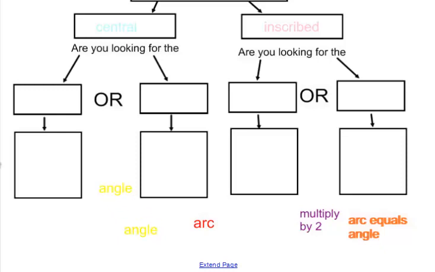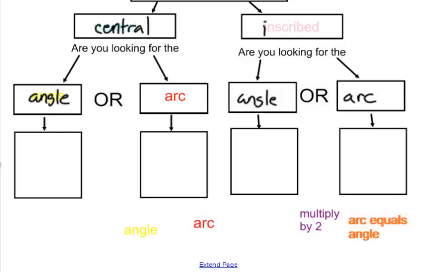And then you have to ask yourself the question, are you looking for the angle or are you looking for the arc? This is central, and this is inscribed.